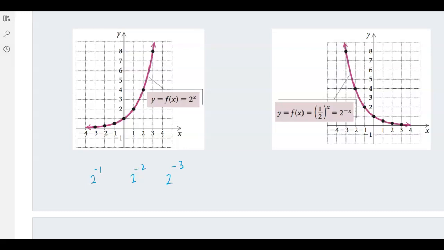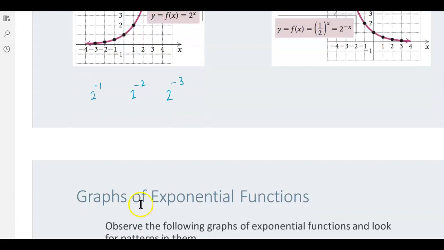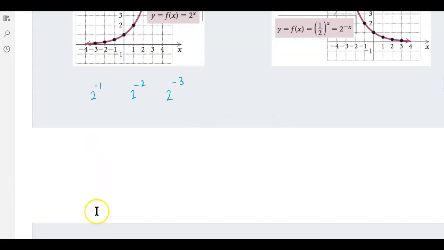When you have a negative exponent, that means that the number is in the wrong location. It should be in the reciprocal instead. So 2 to the -1 is the same as 1/2 to the first power. 2 to the -2 power is the same as 1/2 squared. 2 to the -3 power is the same as 1/2 cubed.